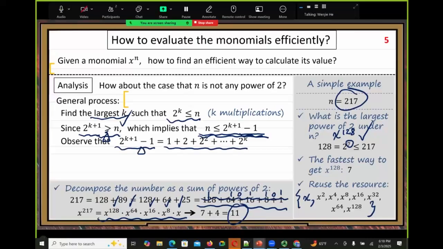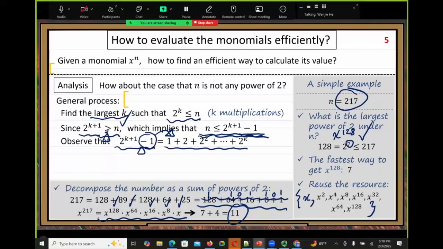One simple way to see it: if you move this minus 1, you add 1 to both sides. 1 plus 1 is 2. 2 plus 2 is 4. Then 2 squared plus 2 squared is 2 to the 8th.